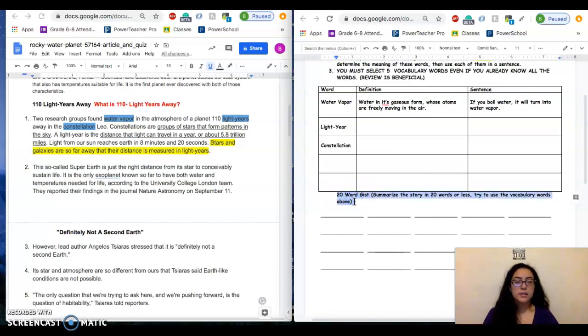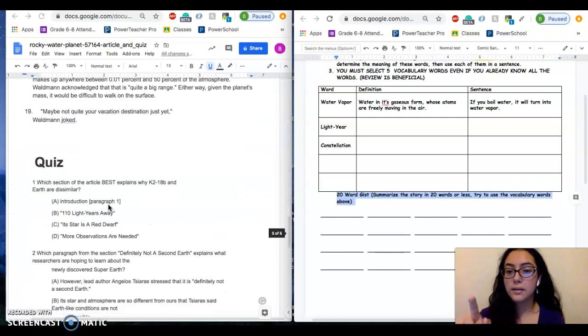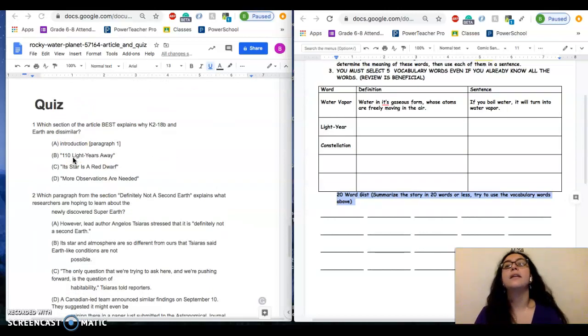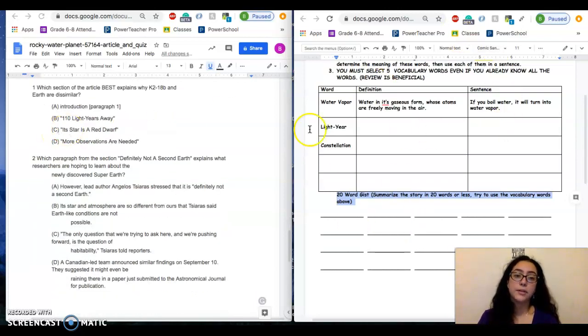So 20-word gist is kind of just getting the idea. So what is the article about? I should tell you this. If you go all the way to the last page, page 5 in this case, there is a quiz. So you do have to answer these 4 questions on top of doing the worksheet.